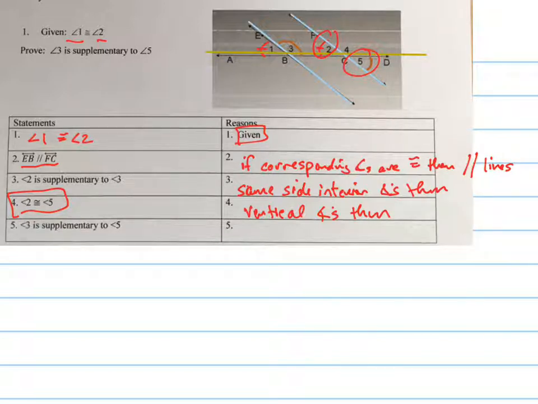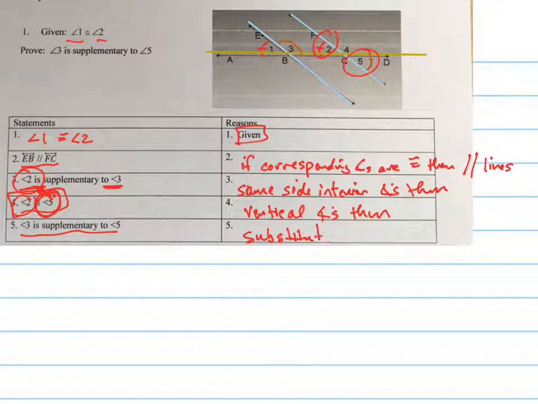Well, this is called the substitution property, because I can substitute. See what I can do here? If 2 is supplementary to 3 and 2 is congruent to 5, then I could substitute 5 in for 2, and it will say 5 is supplementary to 3. So this is called the substitution.